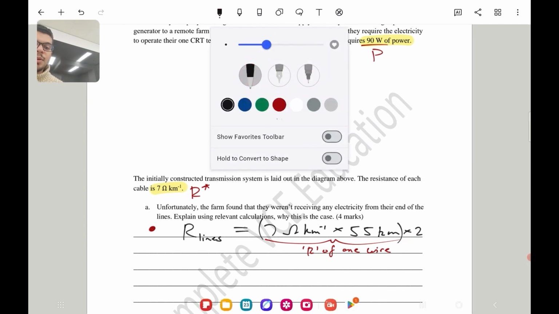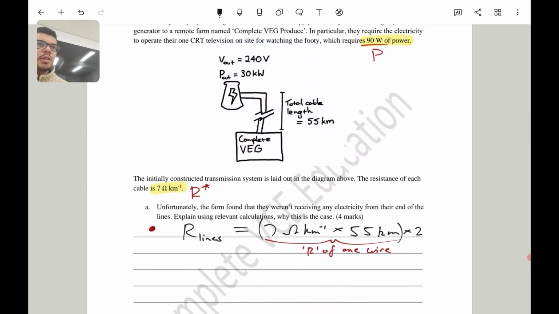But we need to multiply this by 2 to obtain the total resistance across not just one wire, but also across the second wire as well. So you guys can see we have 2 wires here, right? We need resistance in total, including both. So we end up with 770 ohms.